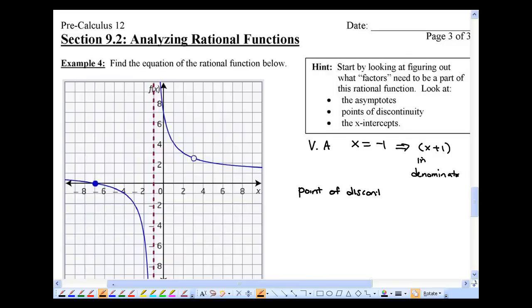So what factor produces that point of discontinuity at x equals 3? Oh yeah, it's x minus 3. So this factor is in both the numerator and denominator because it has to cancel out or divide out.